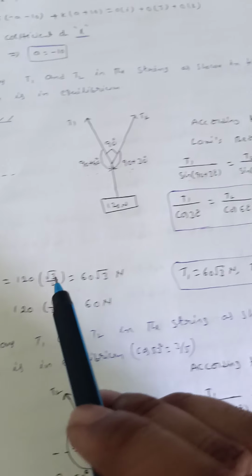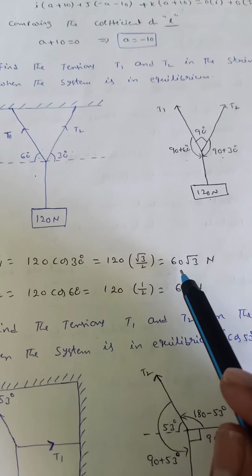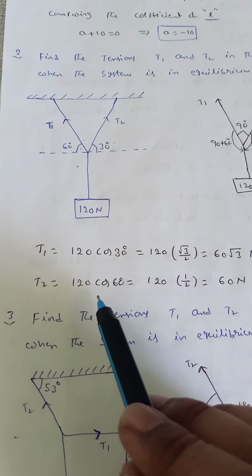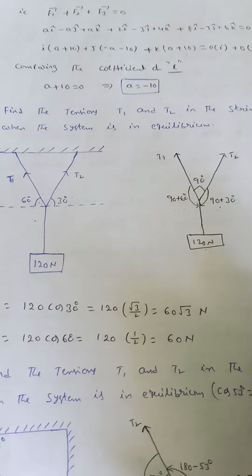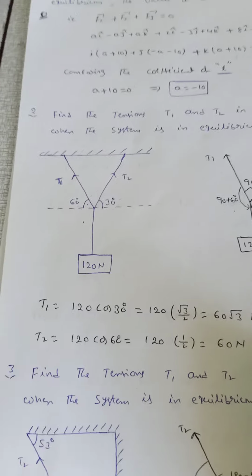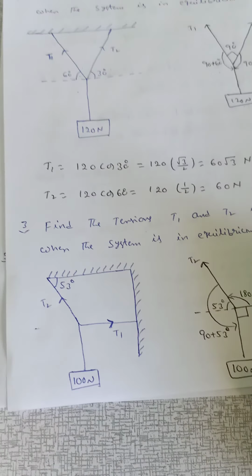T1 is equal to 120 cos 30. Cos 30 is root 3 by 2, that means 60 root 3 newtons. T2 is equal to 120 cos 60, that means 120 into 1 by 2, that is 60 newtons. So in this diagram, T1 is 60 root 3 newtons and T2 is 60 newtons.